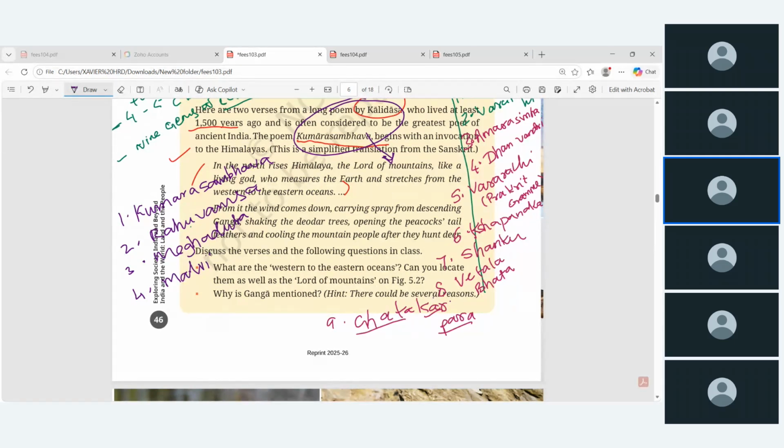Malvika Agnimitra. If you keep your notes neat, it is good for you to revise.